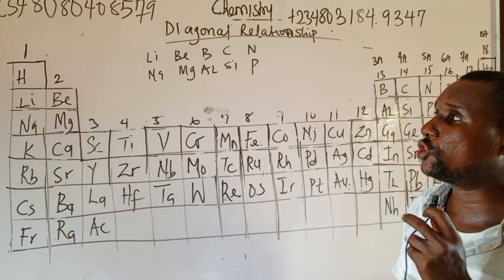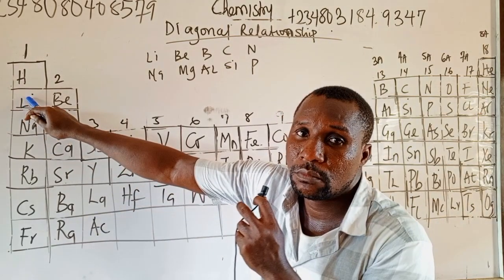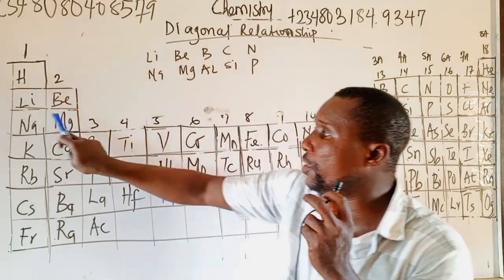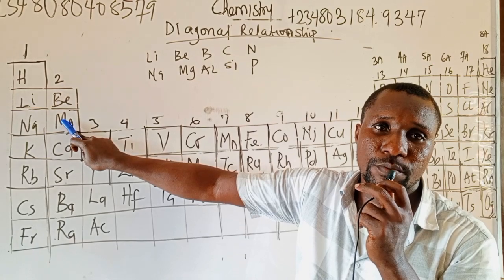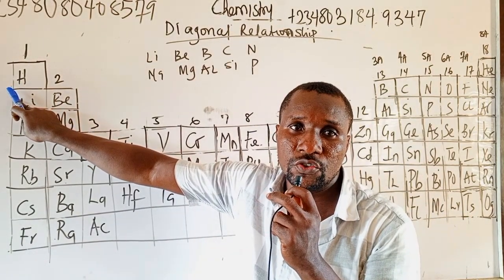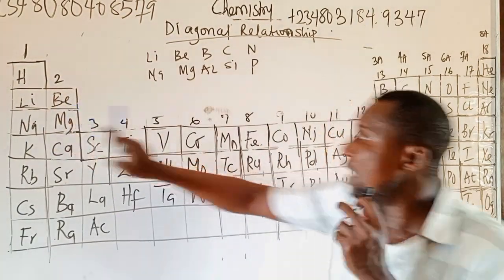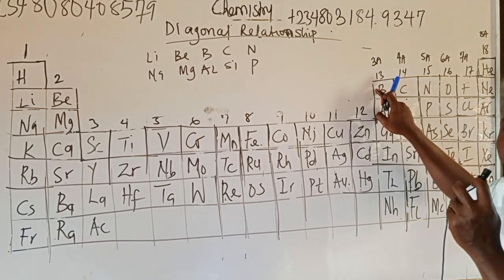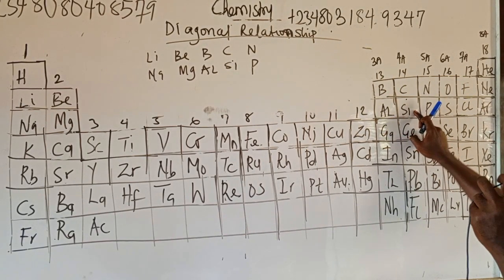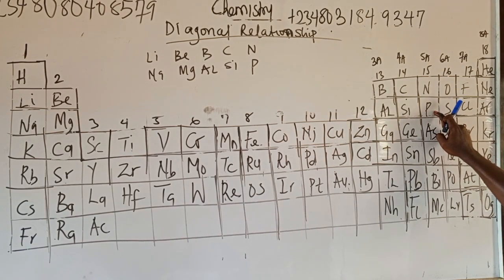The diagonal relationship occurs between an element in period 2 of the first group and an element in period 3 of the second group.